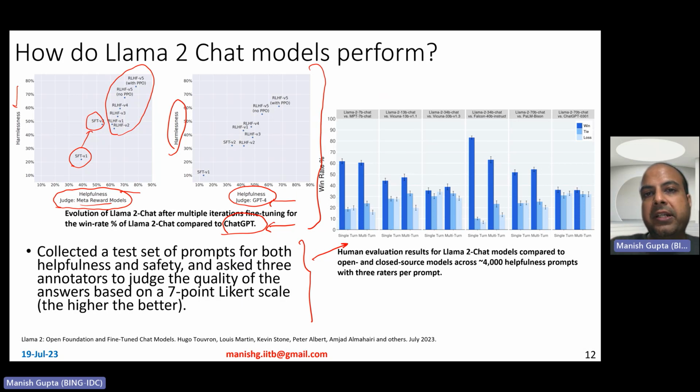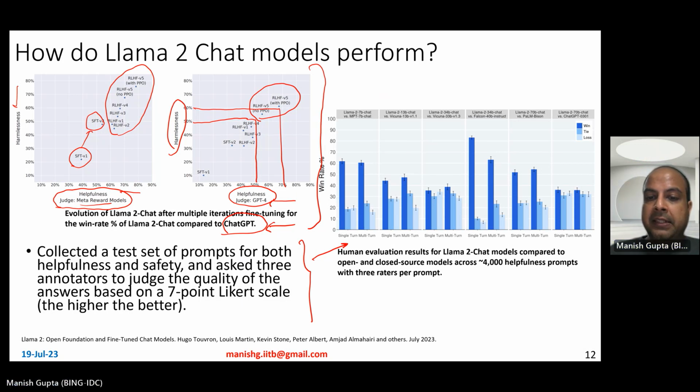Therefore, they also evaluated with GPT-4 as a judge. And what they found is that, yes, if you take the 50% envelope, all of these models before RLHF v5 are actually worse than ChatGPT. But then if you look at the v5 model, it is better than ChatGPT. In fact, the best model has a 60%, 70% win rate compared to ChatGPT for helpfulness and a 60% win rate for harmlessness.